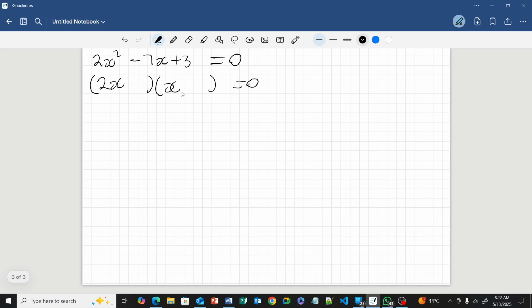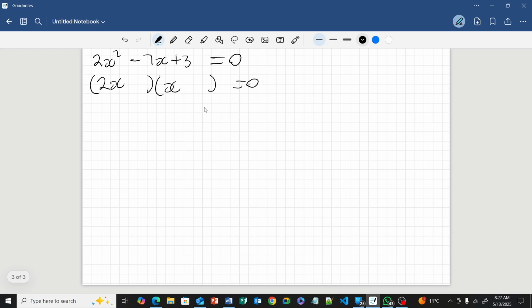Okay, now this will be quite unique. We need the factors of 3, alright? The last numbers must give us a 3. Now the problem is, will the 3 go with the 2x or will it go with the x? Alright?